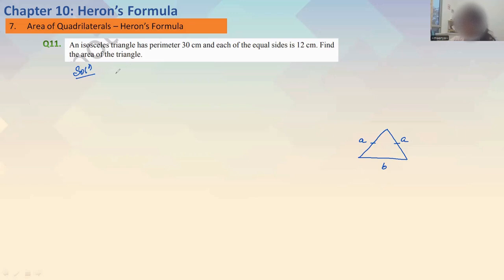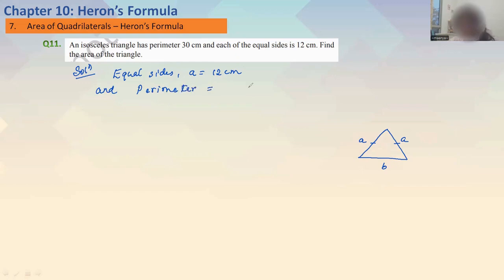So we are given the equal sides A, you may write it like this: A is equal to 12 centimeter. Base B is not known. And what else is given? Perimeter, which is 30 centimeter.